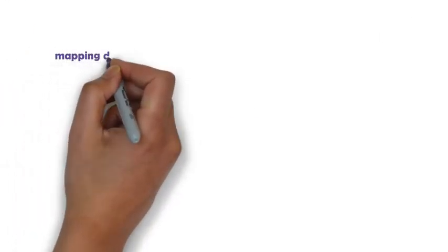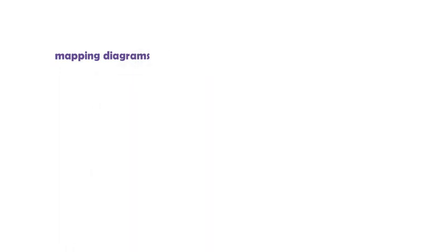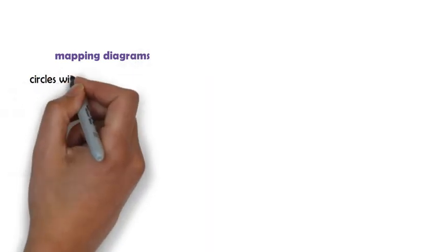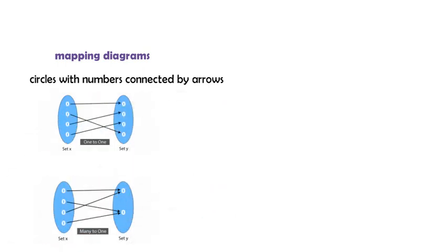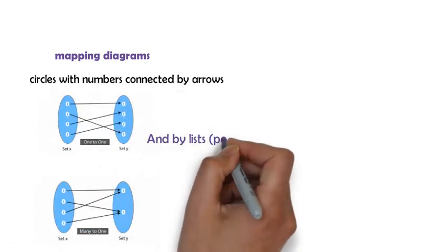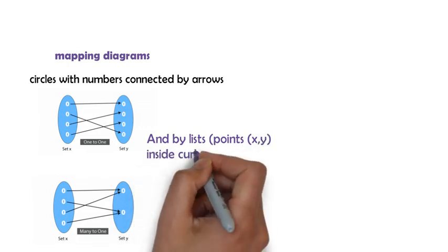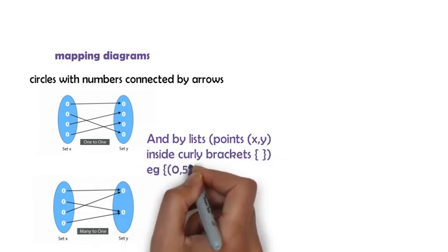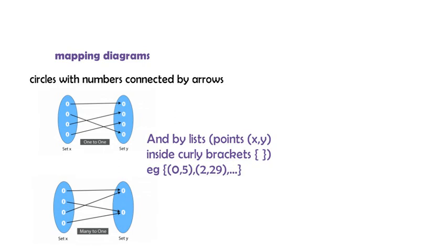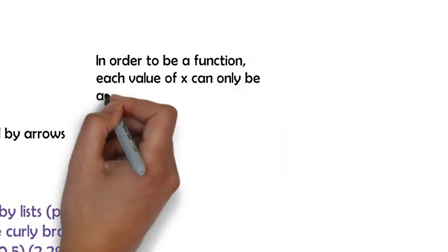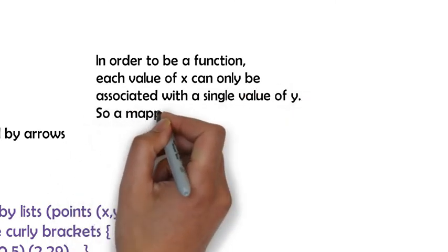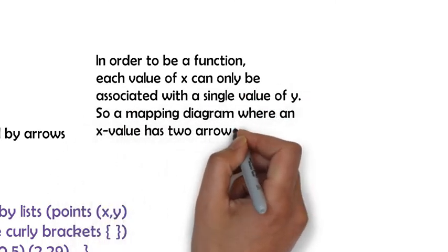You can also represent functions as mapping diagrams, circles with numbers connected by arrows, and by a list of points (x, y) inside curly brackets. Example: (0, 5), (2, 29). In order to be a function, each value of x can only be associated with a single value of y.